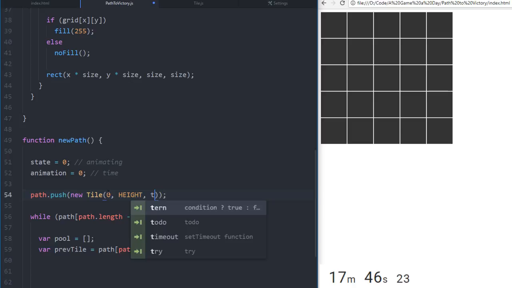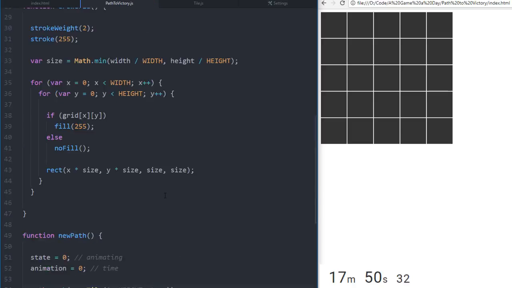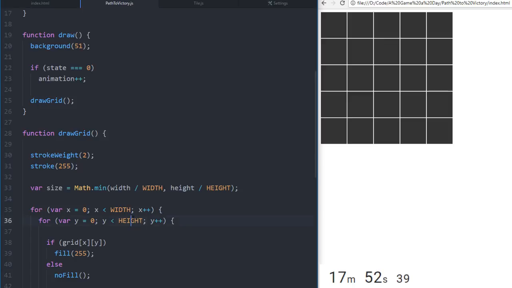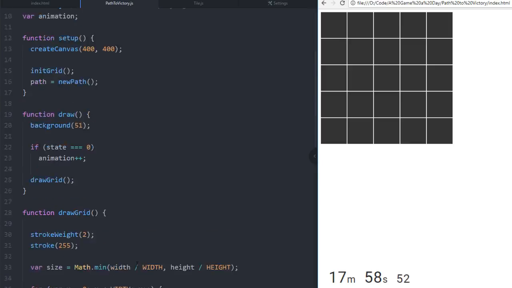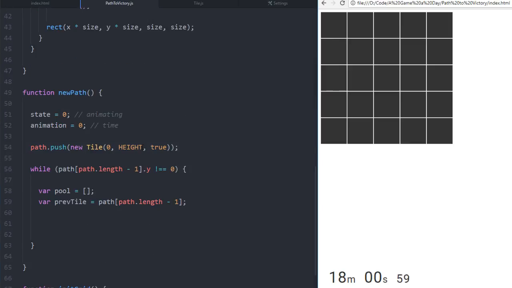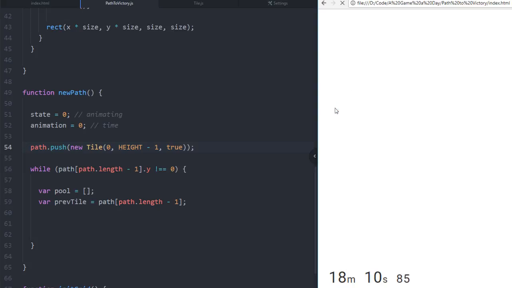No, true. There we go. Height is 5. So if we say this is 0, right? Yeah, okay, so we need to say height minus 1. That will be that one. That doesn't change much of anything except we crashed. Oh, right, because we have this while loop.